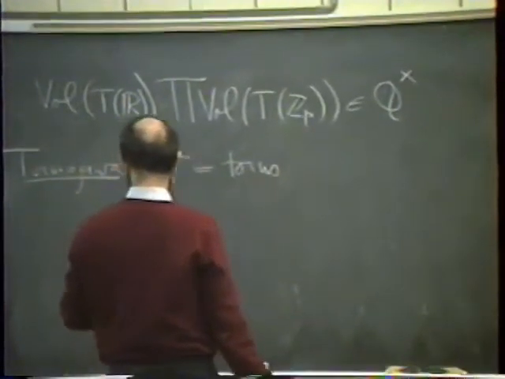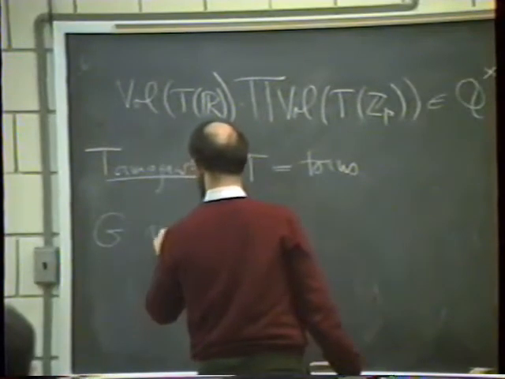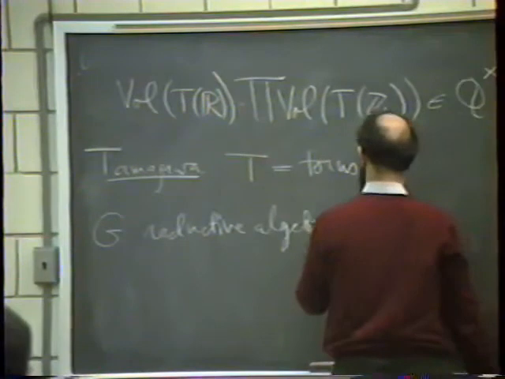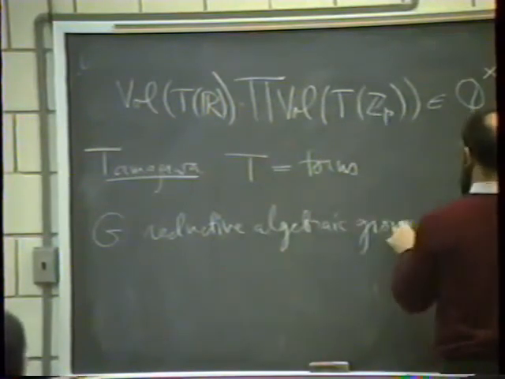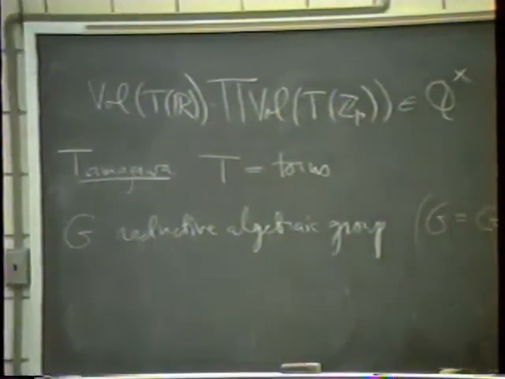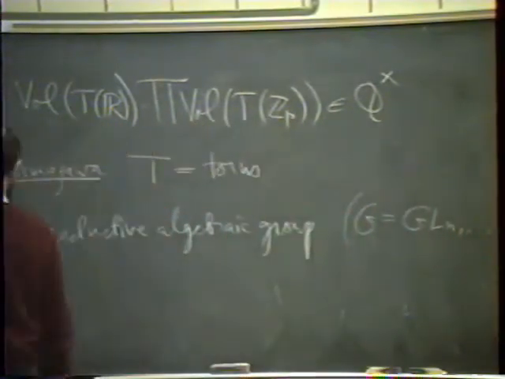And more generally, if G is, let's say, a reductive algebraic group, well, just don't worry about reductive, just think of G as being GL_n or any one of, something that you can sort of make sense of its points with values in some field. T is one such thing.